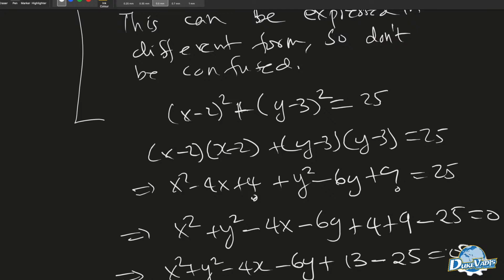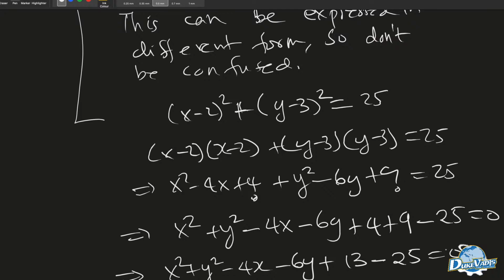You must be alert that it is not necessarily going to be the form we saw earlier.